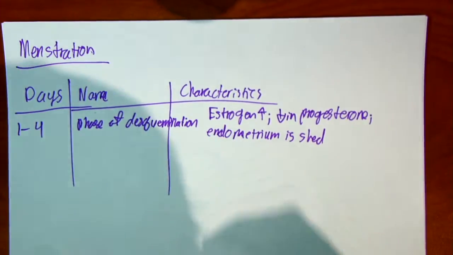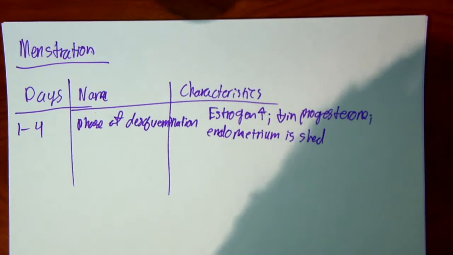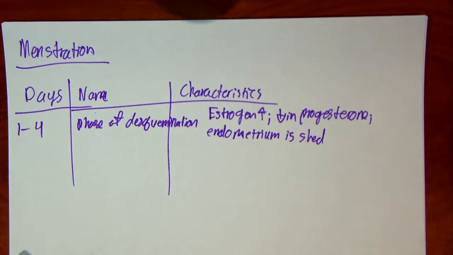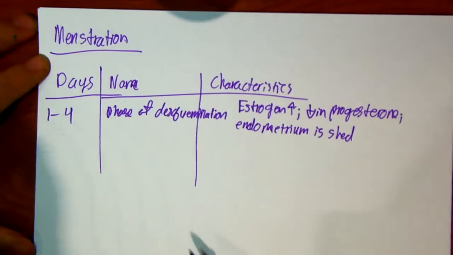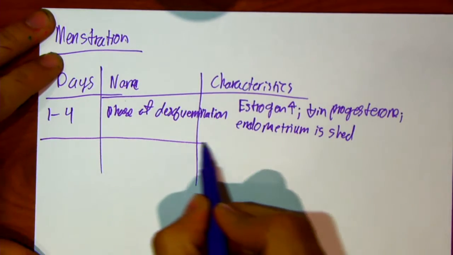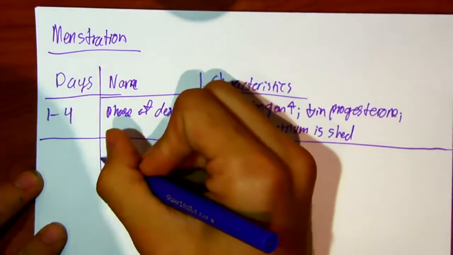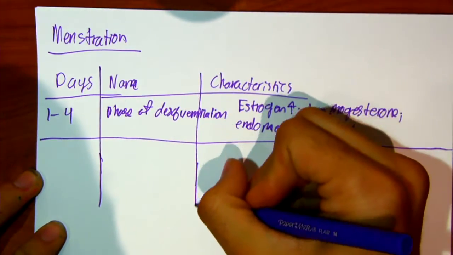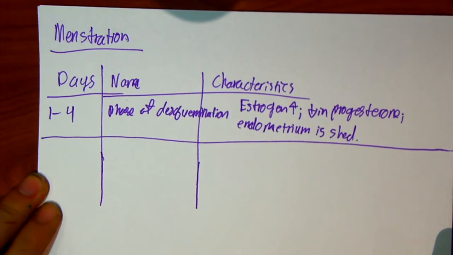So I have desquamation. All right. So menstruation is regarded as beginning when we have the menstrual bleeding, which is the shedding of the endometrial layer.